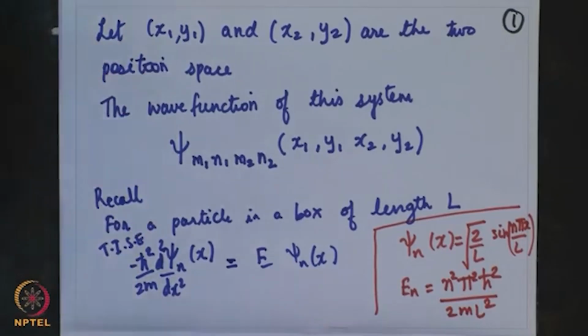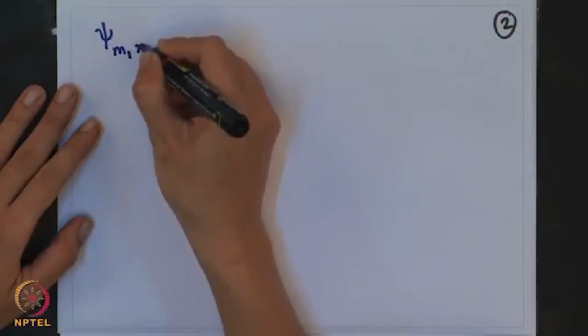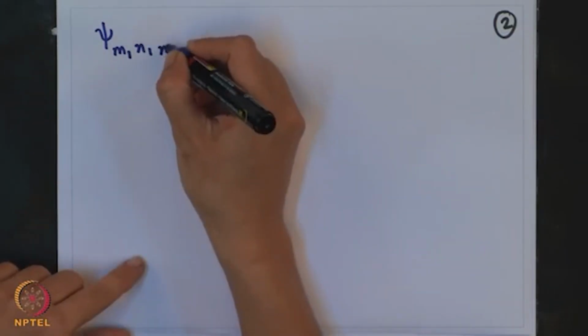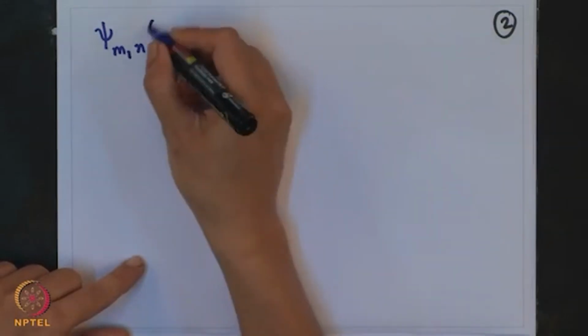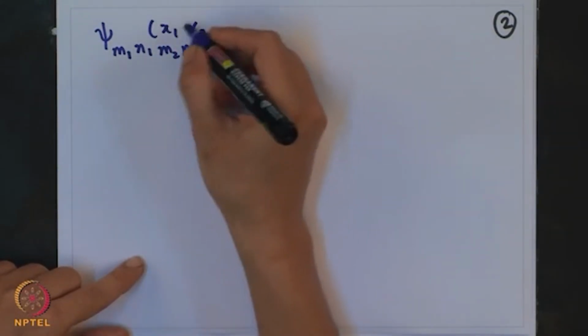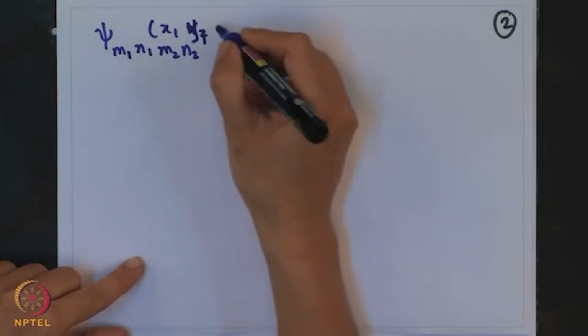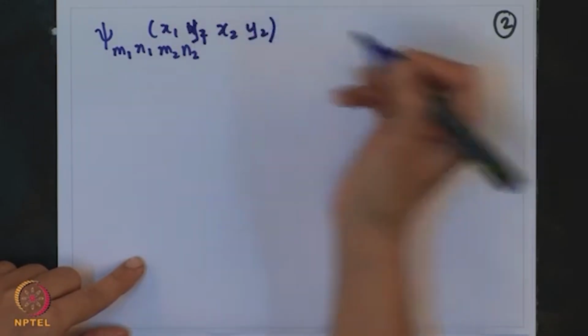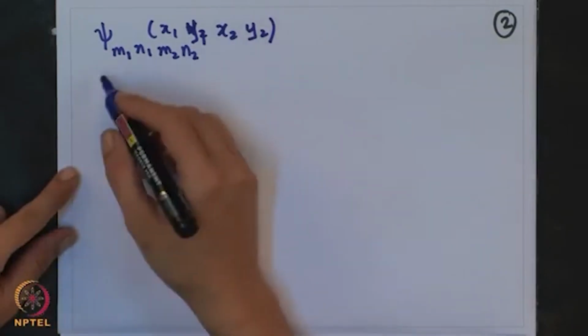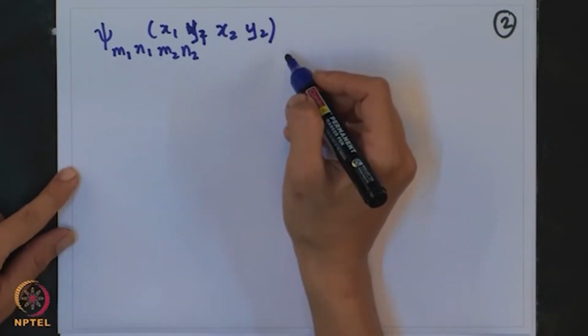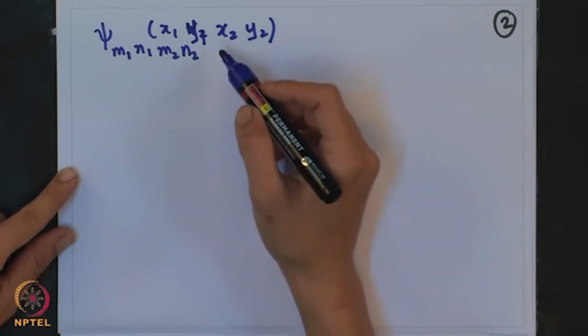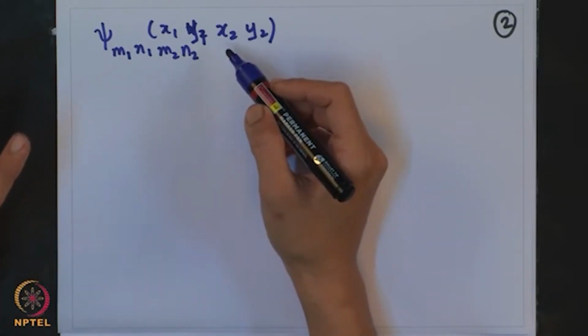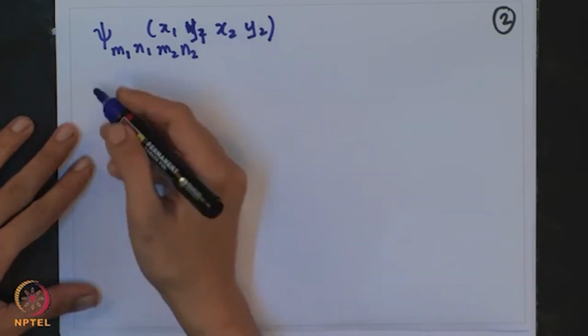So, in the same line we have psi m1 n1 m2 n2 of x1 y1 x2 y2 as the wave function for two particles in a box in 2 dimensions.